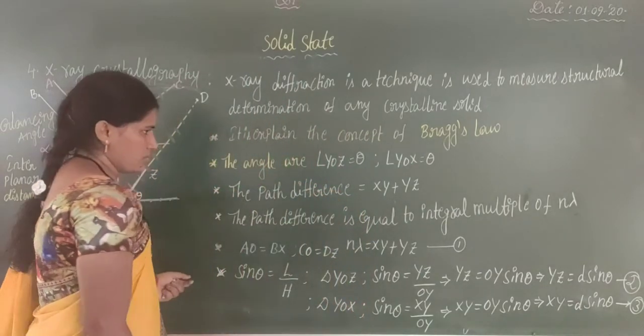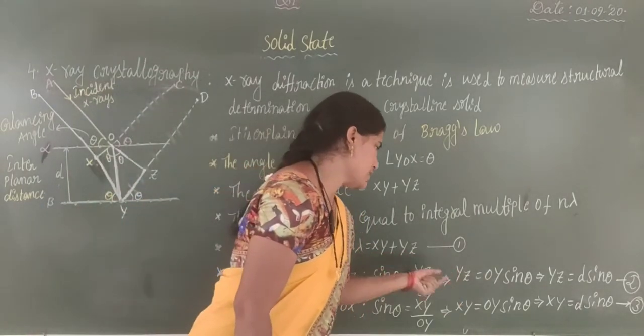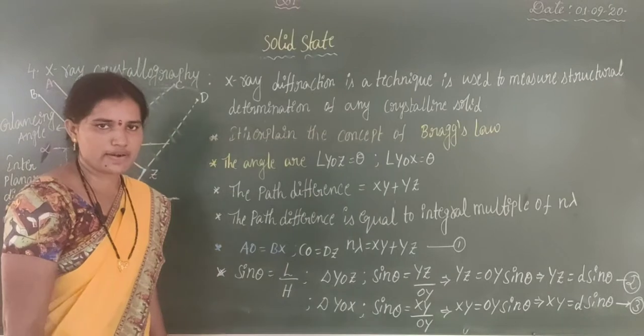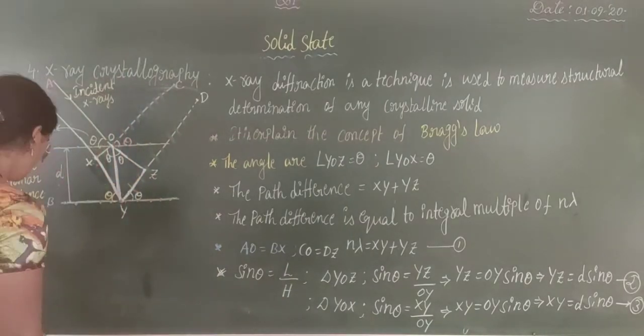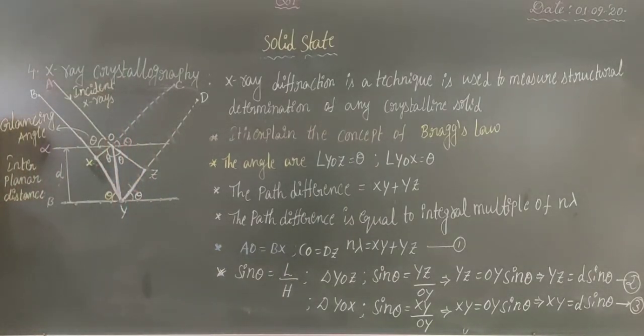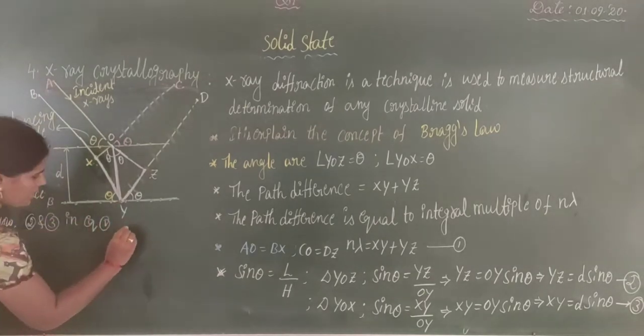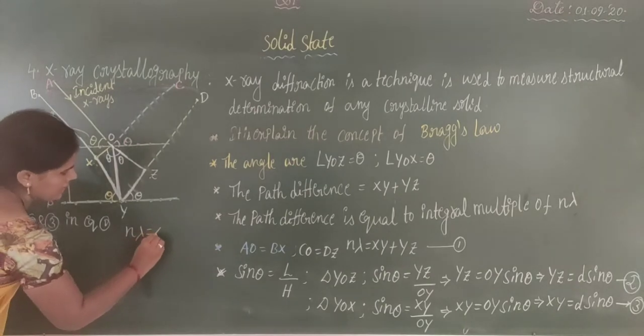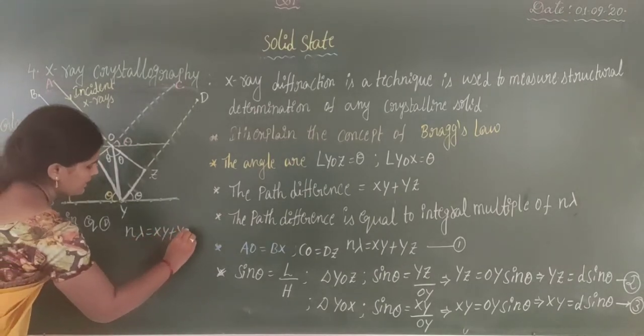Now we have to substitute equation 2 and equation 3 in equation 1. Equation 1 is n lambda is equal to XY plus YZ.